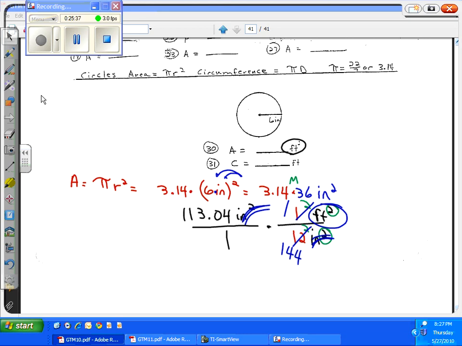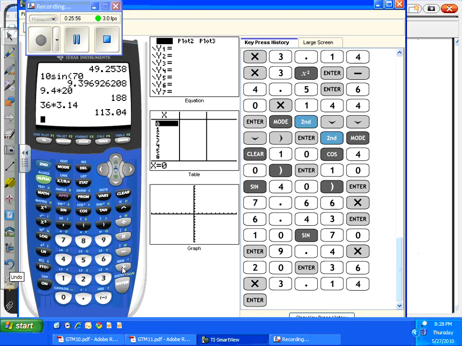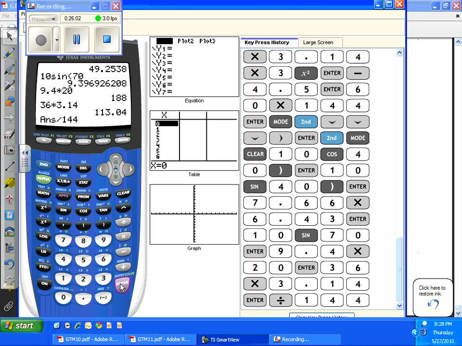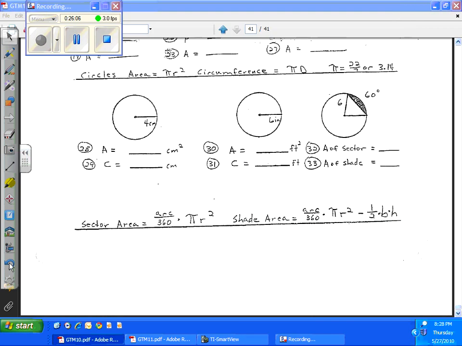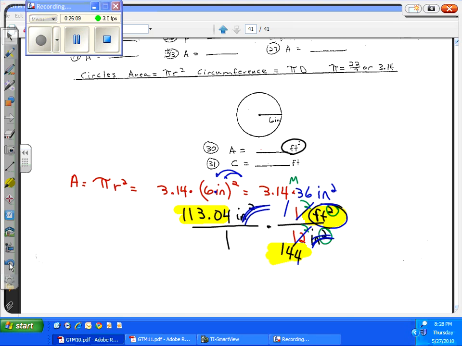So we have 113.04 on top, square feet is the new name, 144 on bottom. So our answer is 113.04 divided by 144. Let's do that. 0.785 square feet.